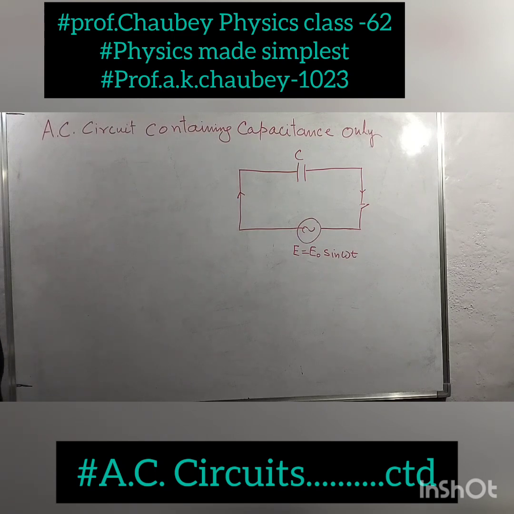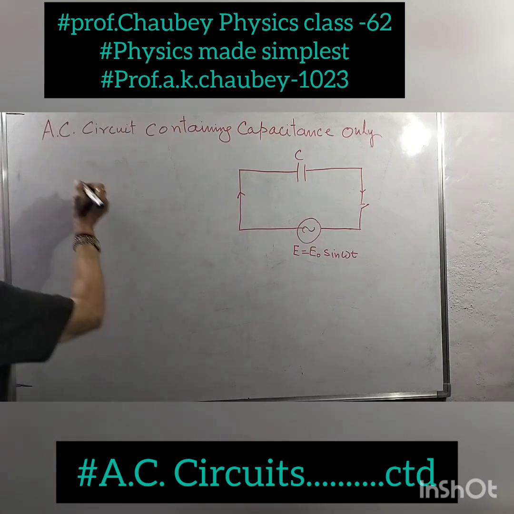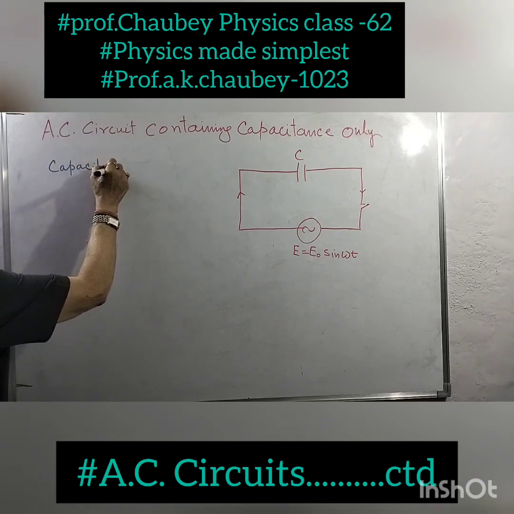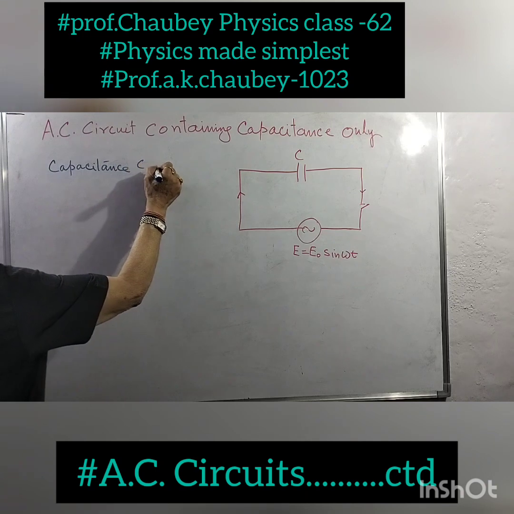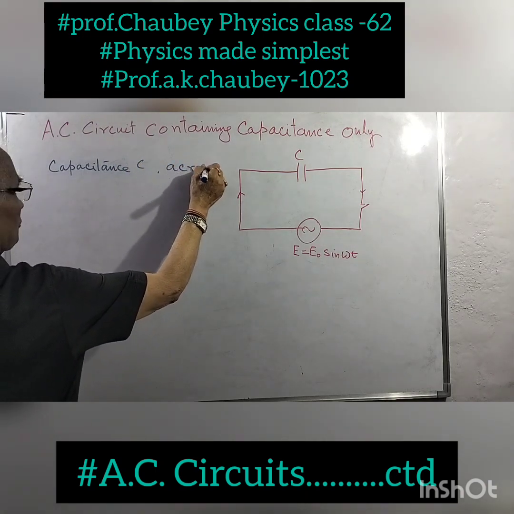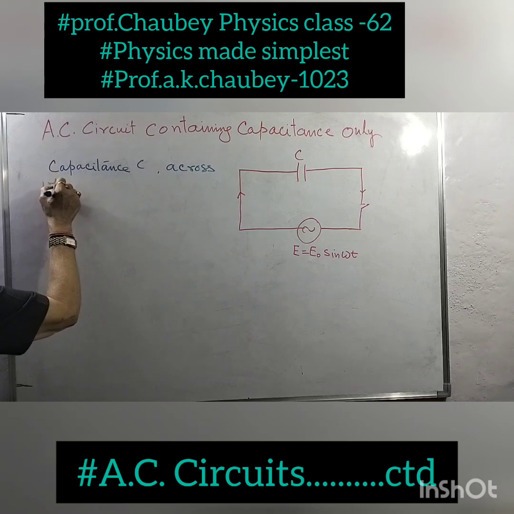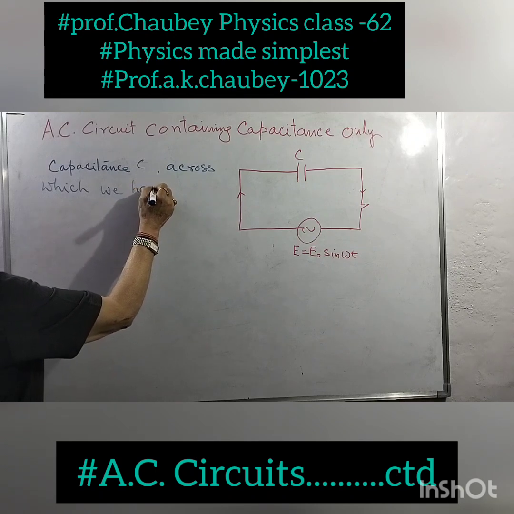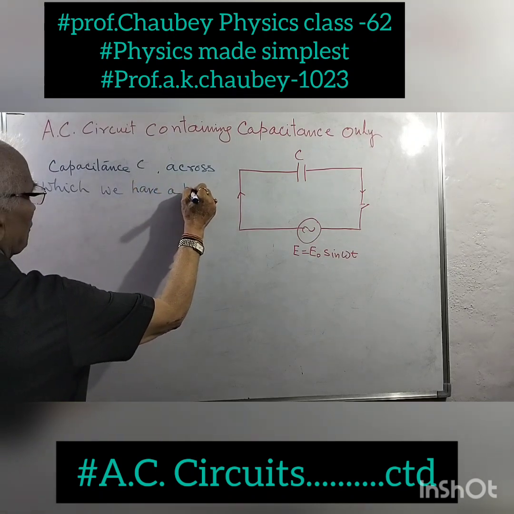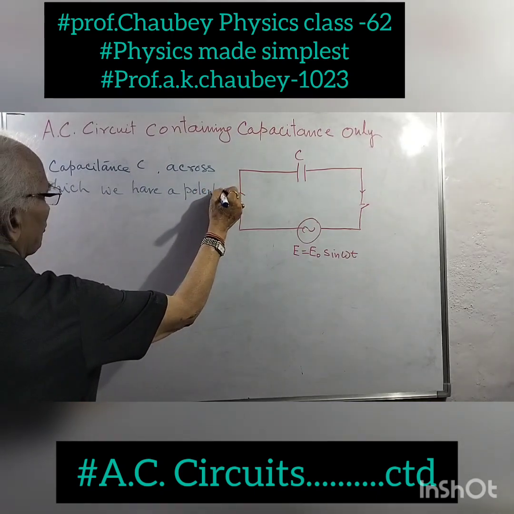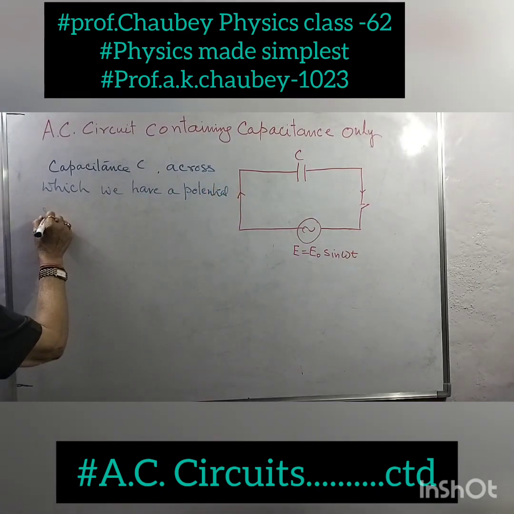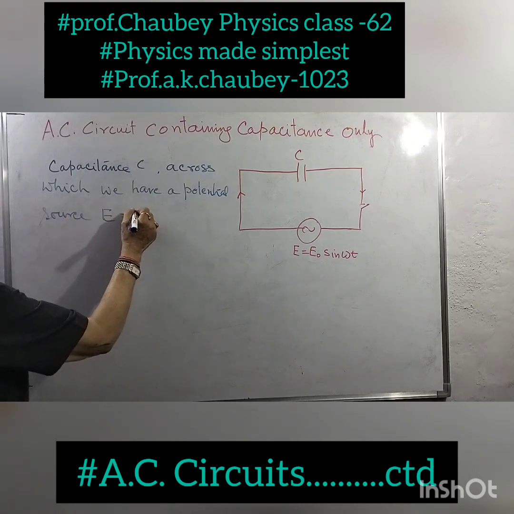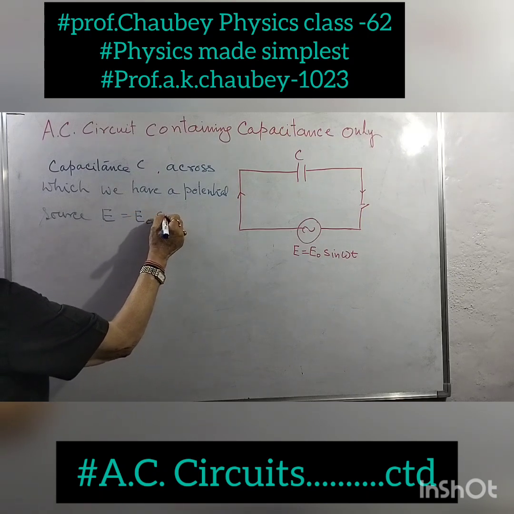We have the capacitance C across which we have a potential source E is equal to E naught sin omega t.